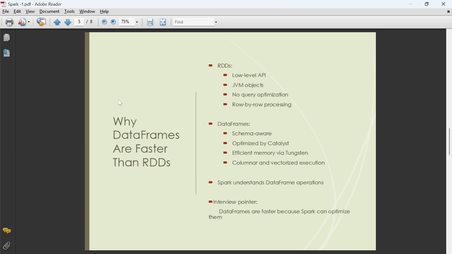DataFrames also use columnar storage and vectorized execution. That's why in almost all real world applications, DataFrames and Spark SQL are preferred over RDDs.